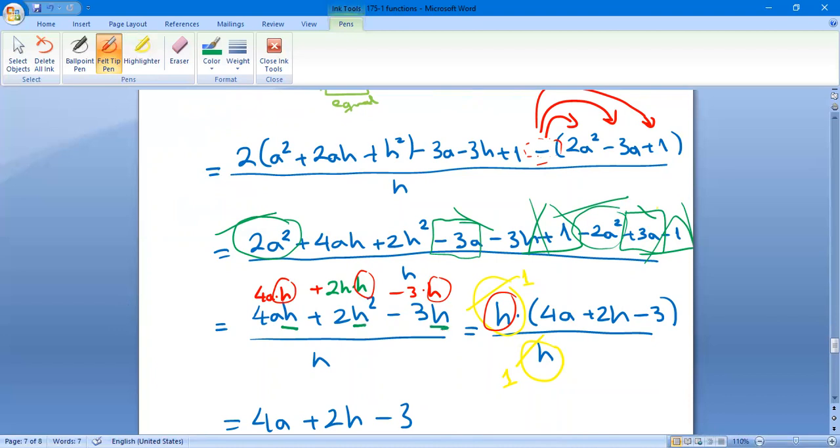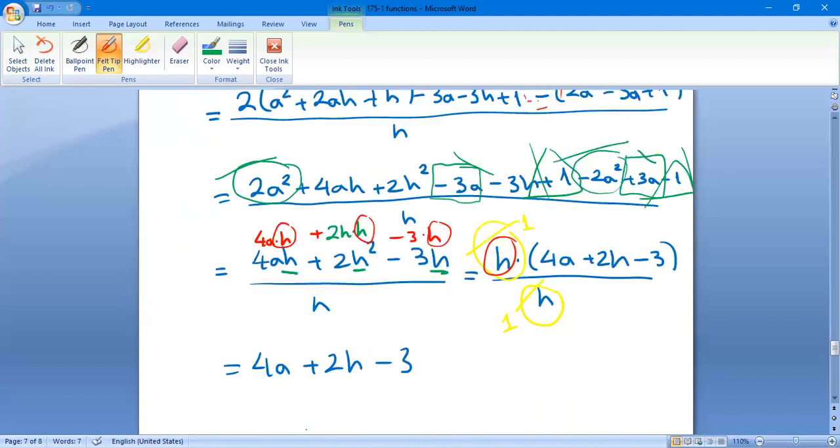So we factor h from them, then 4a remains from the first term, plus 2h from the second term, and minus 3 from the third term. Then you can divide h by h. It simplifies to 1. So all that remains as the final answer is 4a plus 2h minus 3.